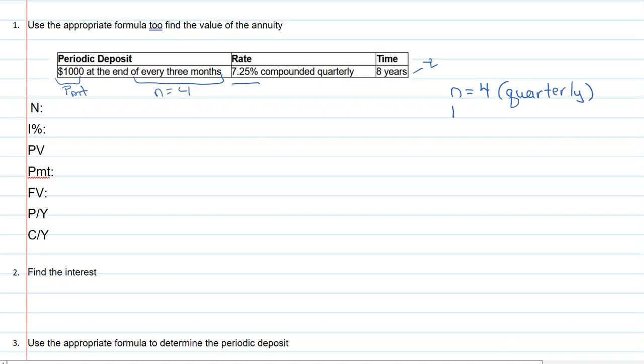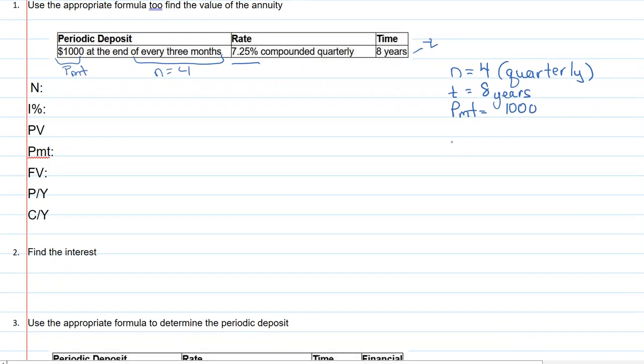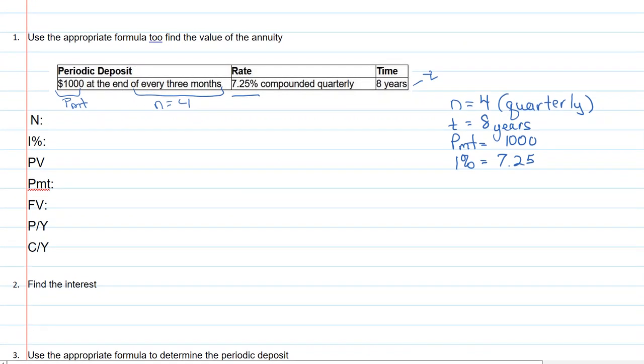And then we have our T as a short term, 8 years. Our payment, $1,000 every quarter at a rate of 7.25%. That's a good rate. So we're looking for our future value.